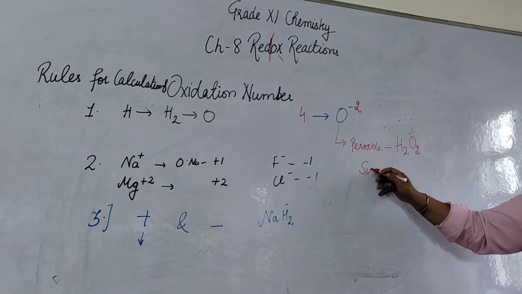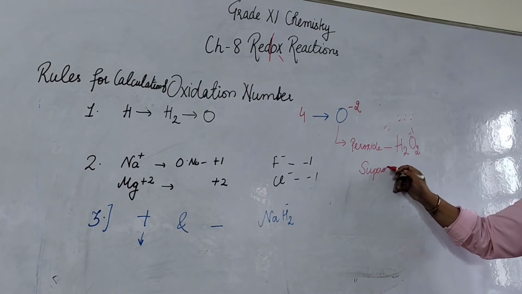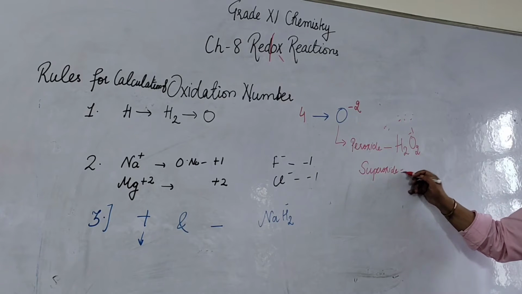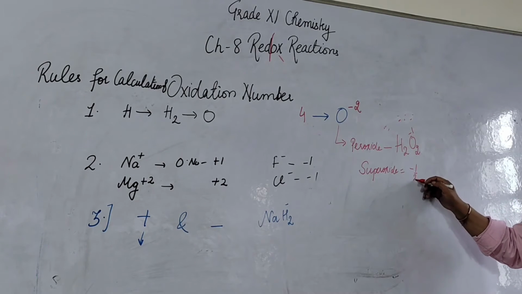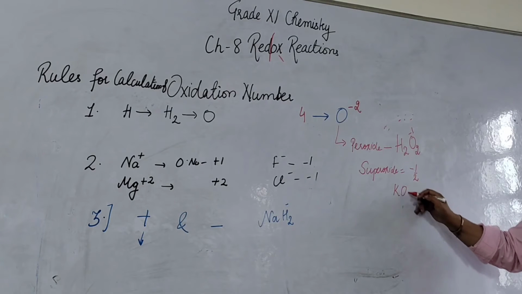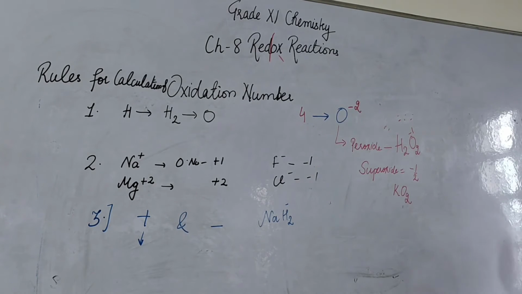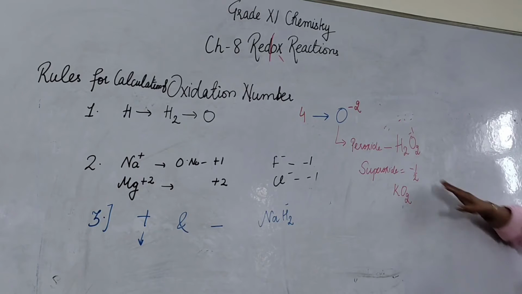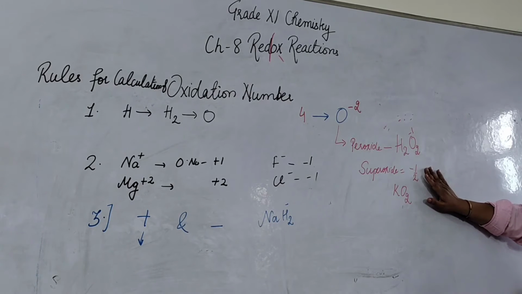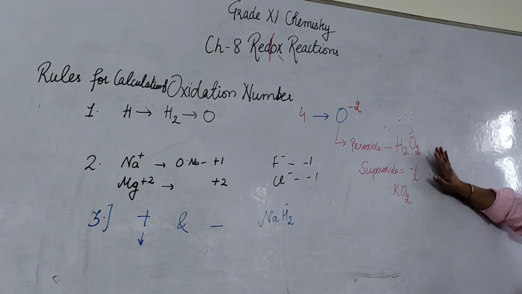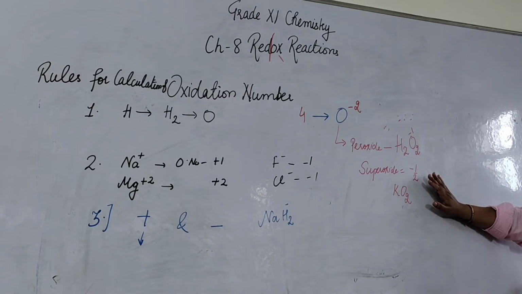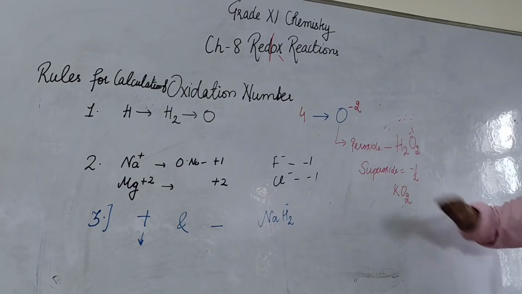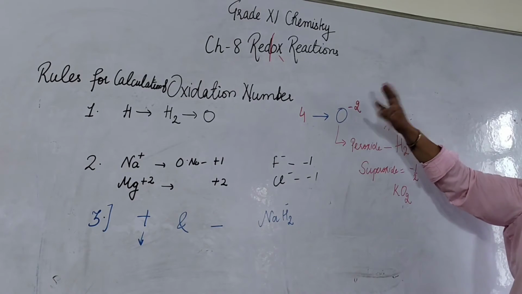In case of superoxides, like KO2, the oxidation number of oxygen is -1/2. These are the exceptions. Okay? In peroxide it is different, in superoxide it is different. Generally in an oxide it is -2.